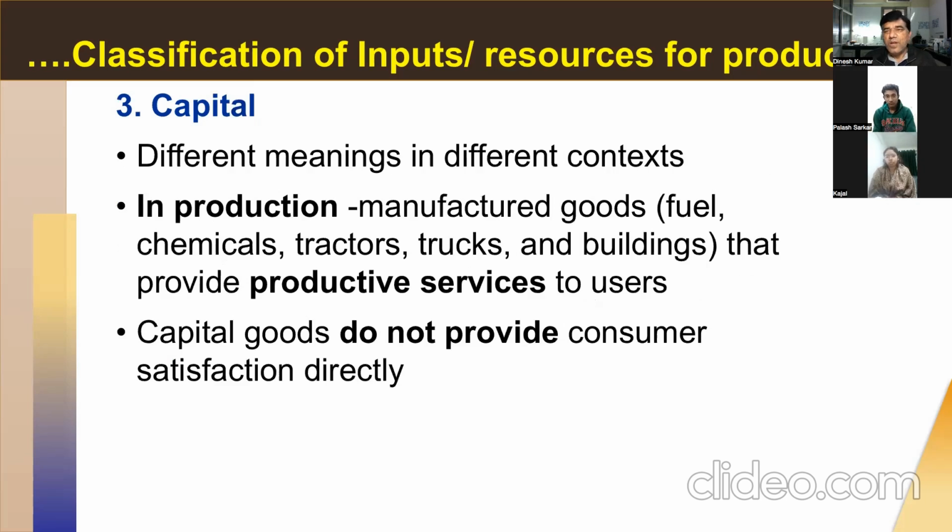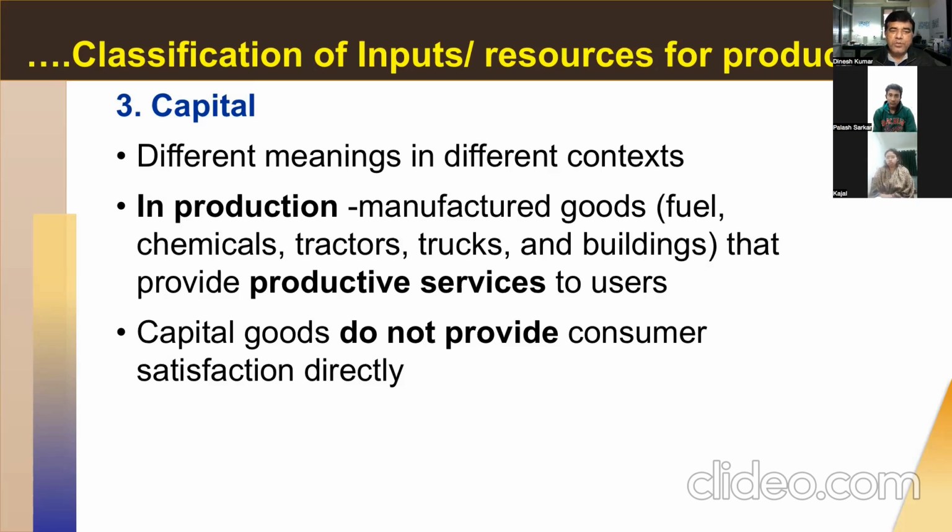Capital. Capital has different meanings in different contexts. So what is capital in production? In production, capital is manufactured goods. Manufactured goods are also used during the production process, like fuel, chemicals, tractors, trucks, and buildings that provide productive service to users.